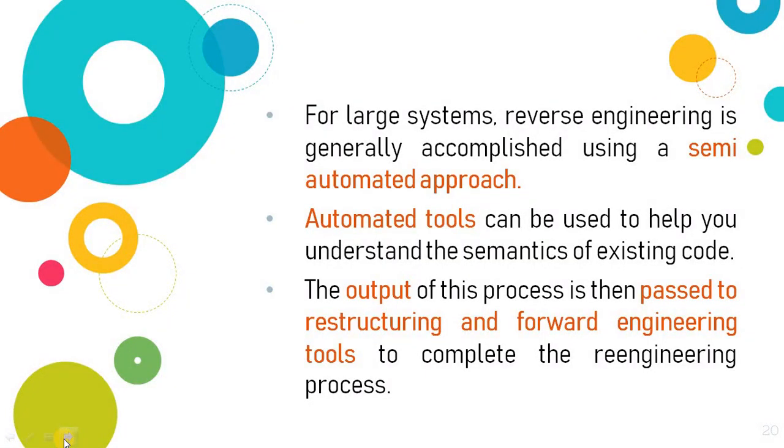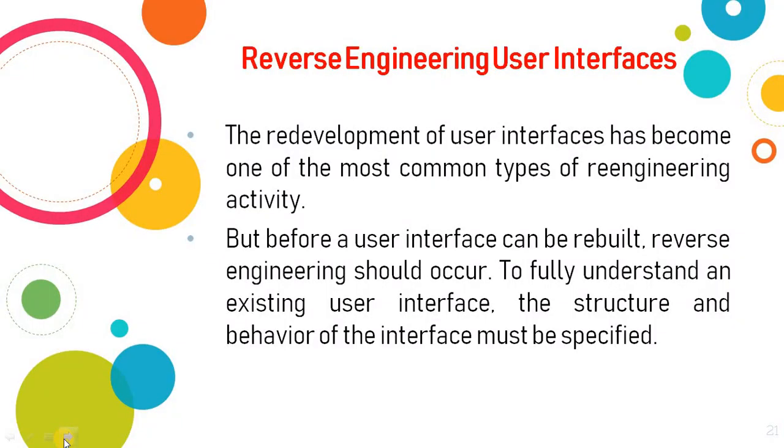For large systems, reverse engineering is generally accomplished using semi-automated approaches, and some automation tools are also available for this. The output of this process is then passed to restructuring and then to forward engineering. Then only will the re-engineering process be finished. So that's about reverse engineering for processing.